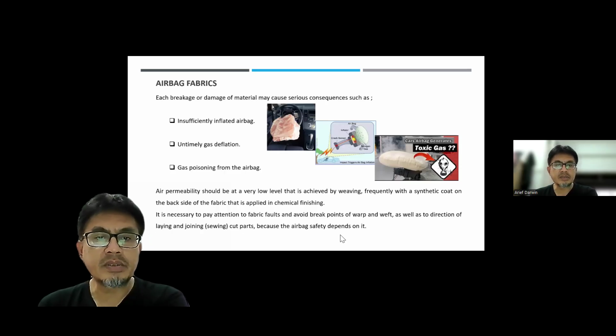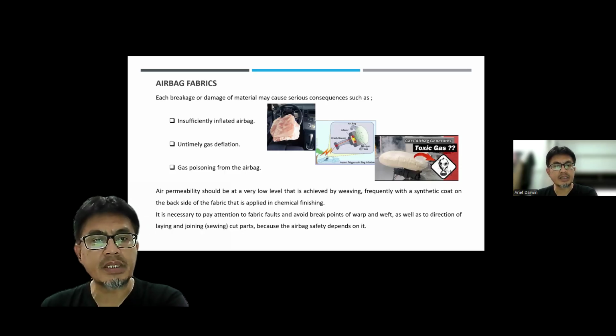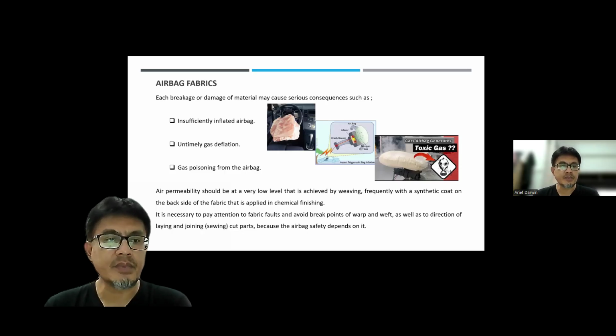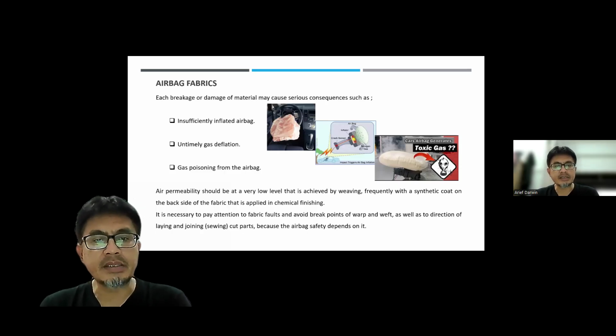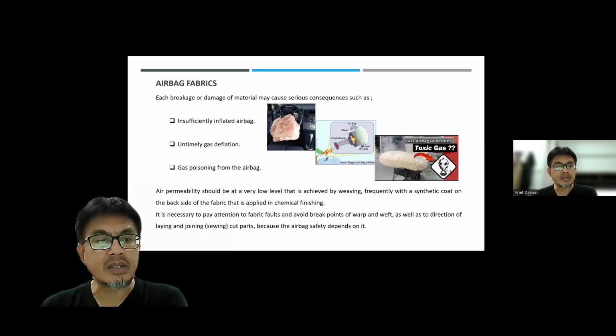The air permeability should be at a very low level, which is achieved by weaving, frequently with a synthetic coat on the backside of the fabric that is applied in chemical finishing. It is necessary to pay attention to the fabric folds and avoid breakpoints of warp and weft, as well as to the direction of lying and joining of cut parts, because the airbag safety depends on it.